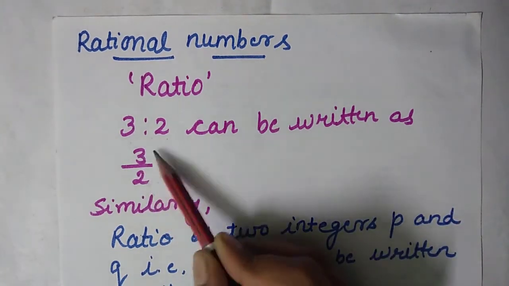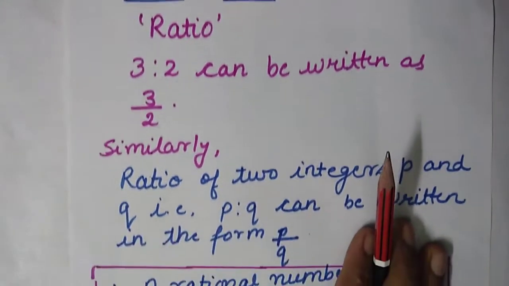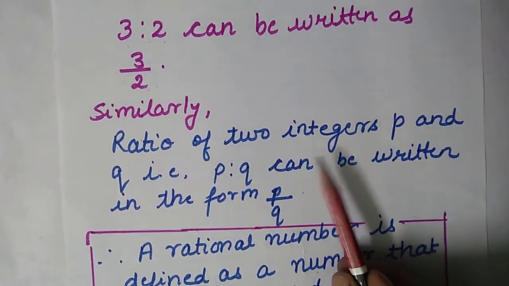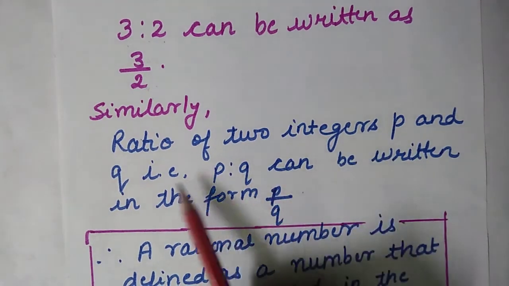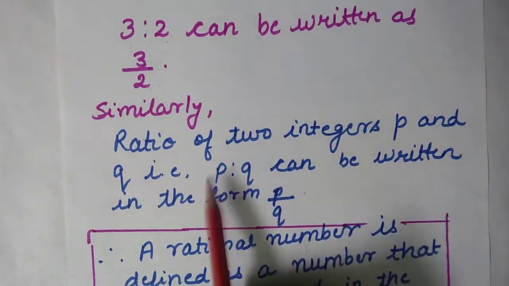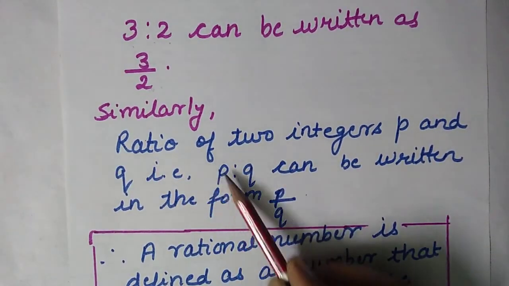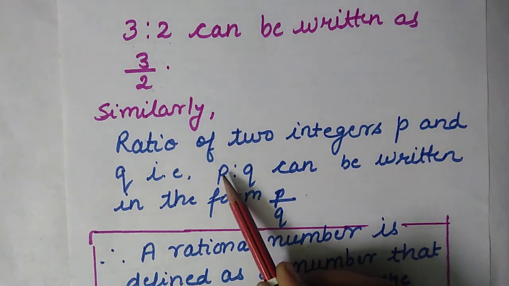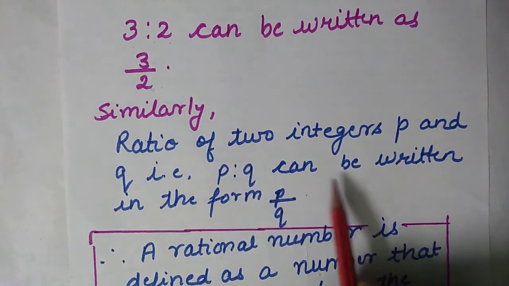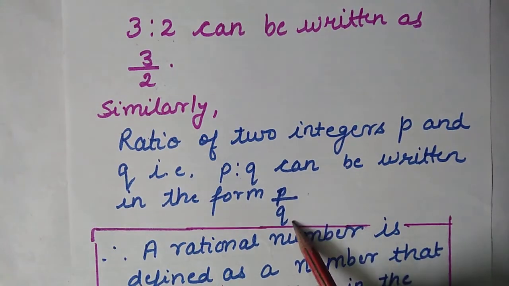Here 3 and 2 are natural numbers. Similarly, the ratio of two integers, that is P/Q. Here I have taken P and Q as integers, and the ratio of these two integers can be represented in the form of P/Q.